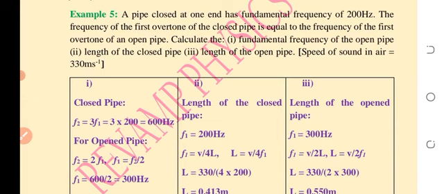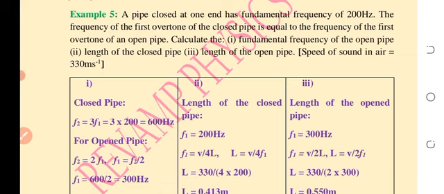The frequency of the first overtone of this closed pipe is equal to the frequency of the first overtone of another open pipe. So we have to calculate the fundamental frequency of that open pipe, the length of this closed pipe we are discussing here, and the length of the open pipe. The speed of sound in air, according to this question, is given as 330 meters per second.